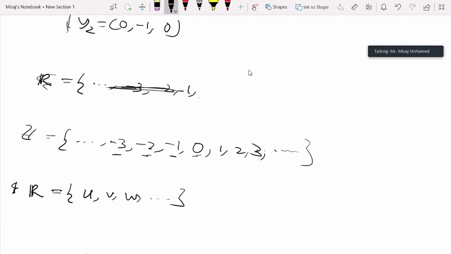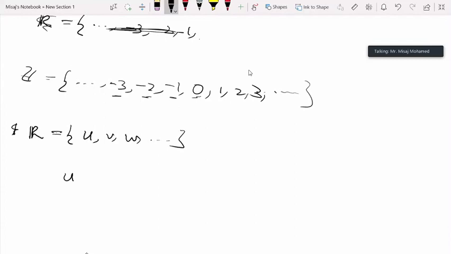So every vector is denoted by something like a, where a is a real number, right?